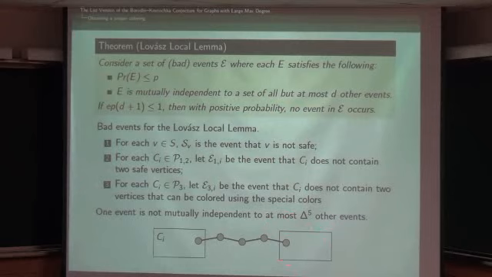So now we showed that this d here is delta to the 5. So if we want to apply the local lemma, we have to say p is at most delta to the negative 6. Right? We want to say the probability that this bad event happens is very, very small, namely delta to the negative 6.